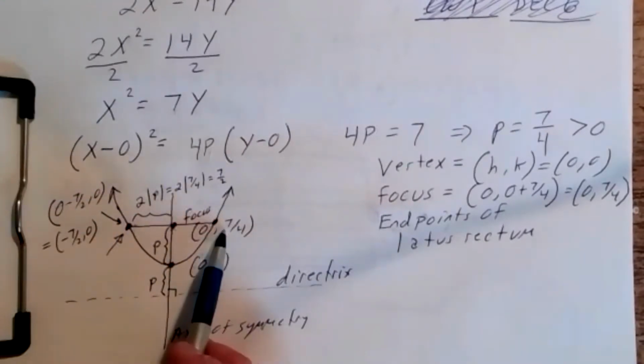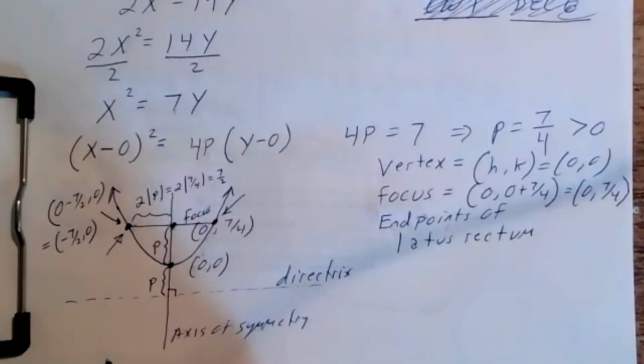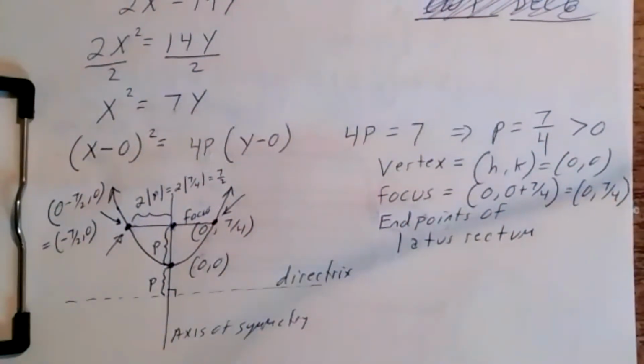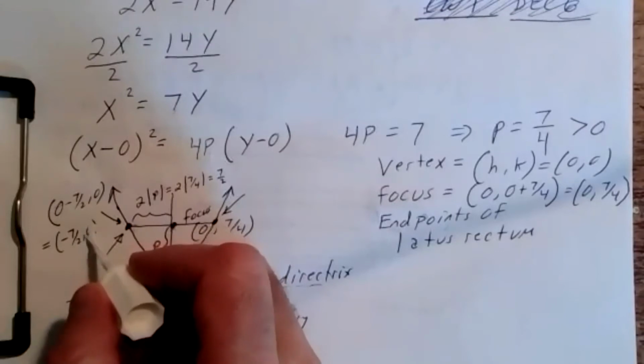So what would be the right endpoint of the latus rectum? Wouldn't it be negative 7/2 and then 7/4? Oh, yeah, the Y coordinate of the focus point is 7/4. That's correct. I thought we were down by the vertex. We're not. That should be 7/4 here.